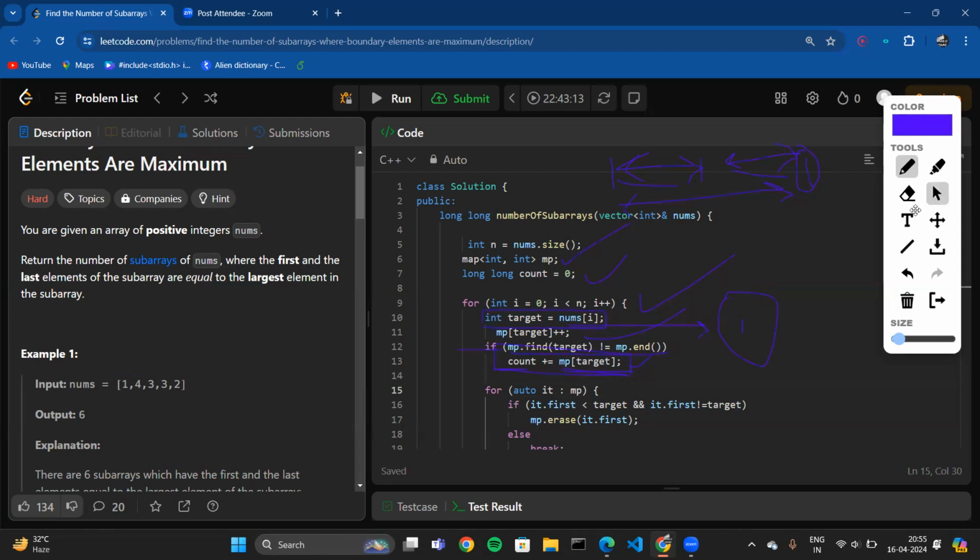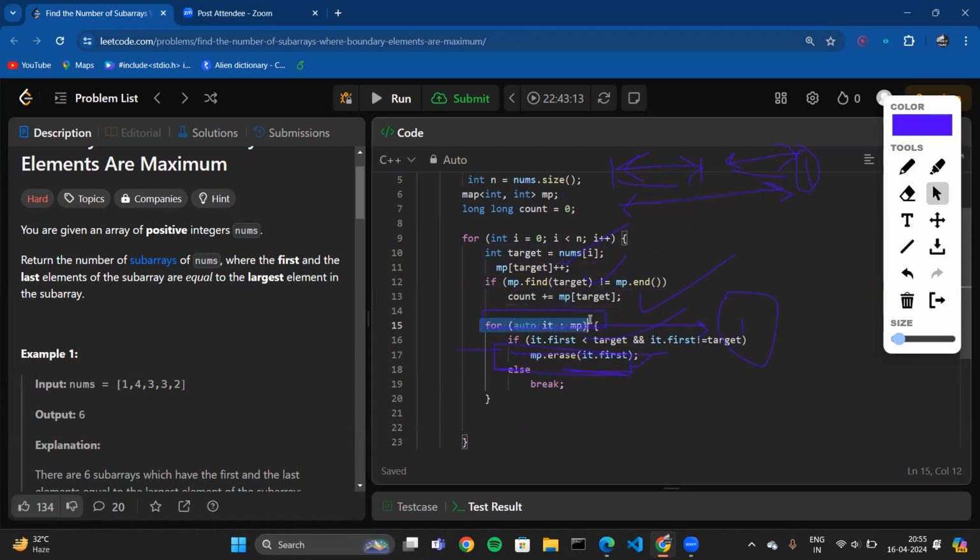Now I am traversing the map again and finding if there is any element smaller than the target. Of course, it should not be the target itself. If there is any element smaller than the target, then I will erase it from the map.